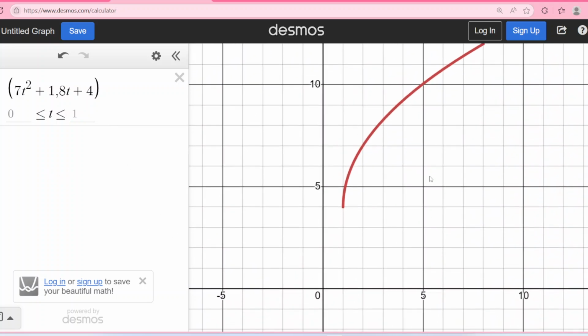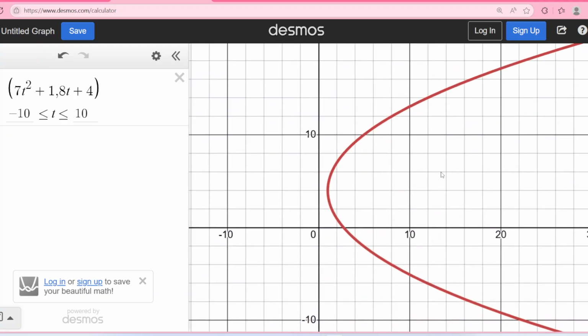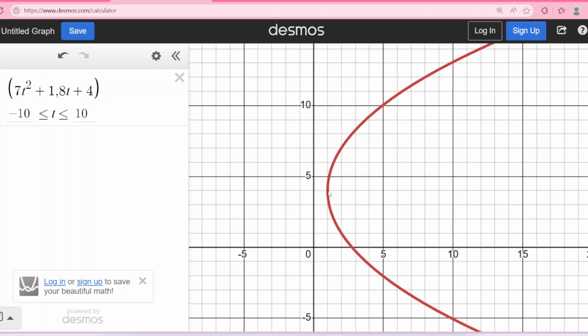So if you want more of the curve, which I do, I'm just going to make this range of t values a little bigger, say from -10 to 10. And then you're getting a lot more of this curve traced out, and you can hopefully see that it is a parabola opening to the right, just like in my little rough hand drawing, with a vertex at the point (1, 4).